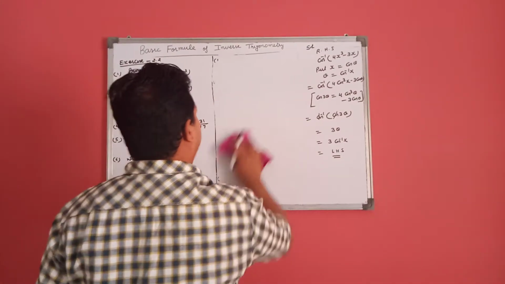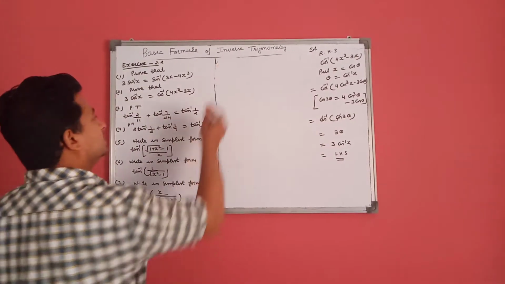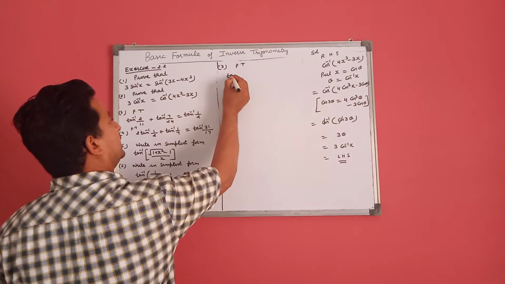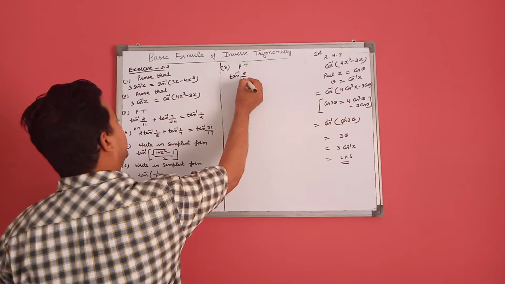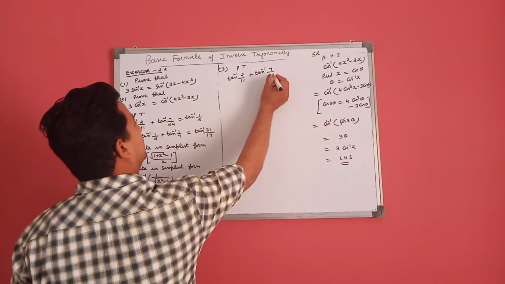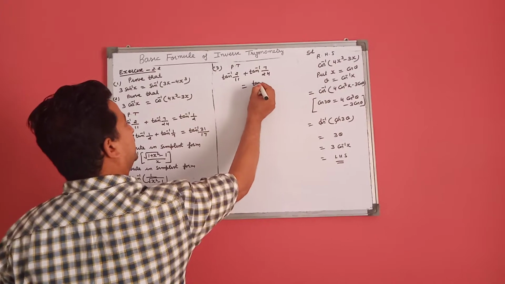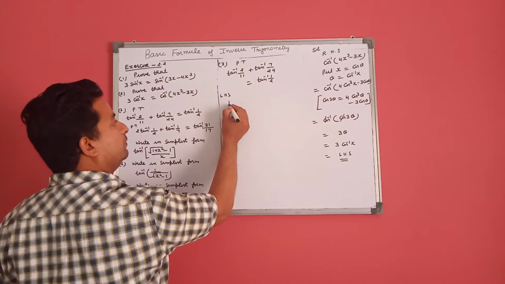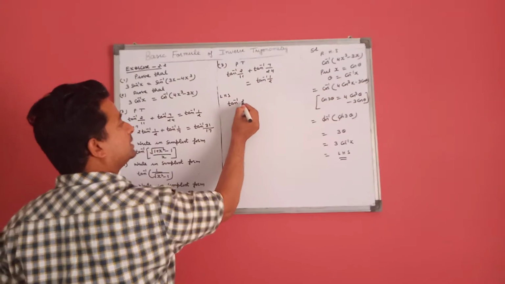In question number 3, the statement is prove that tan inverse 2 by 11 plus tan inverse 7 by 24 equals tan inverse half. In this question, we take the left hand side.